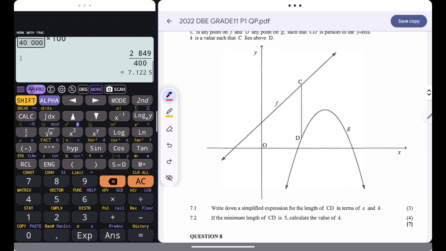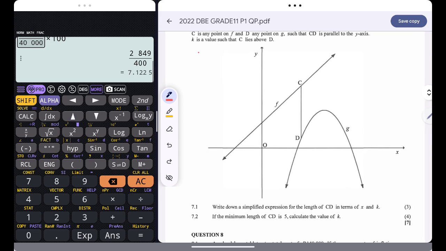Always visualize, guys, your financial period. Draw your timeline from T0 up until T48.